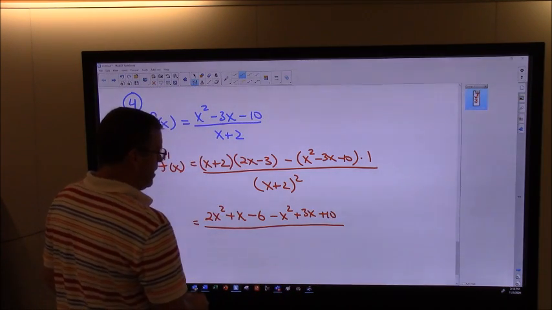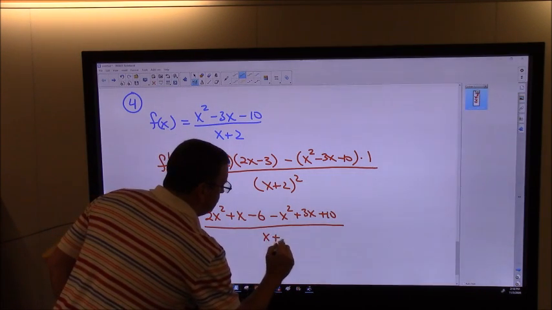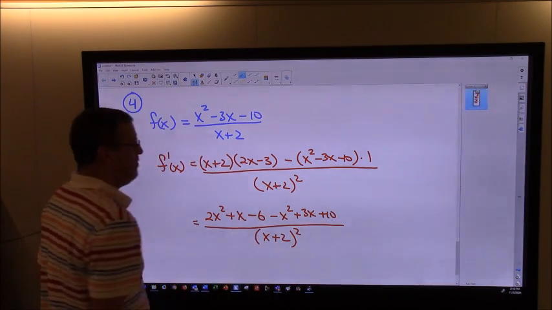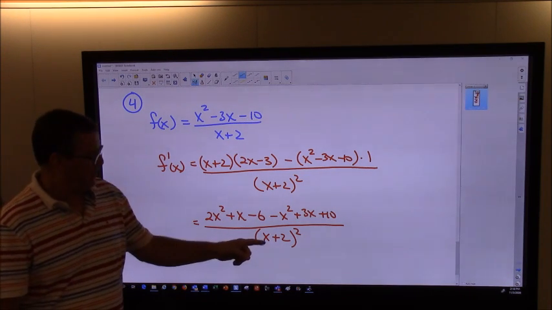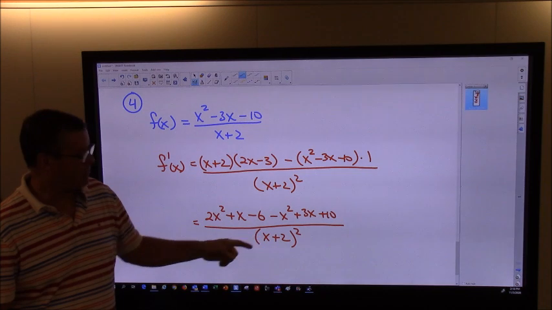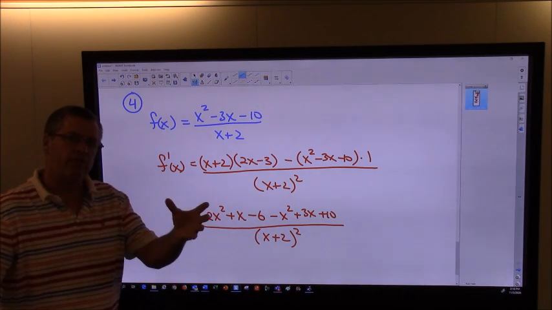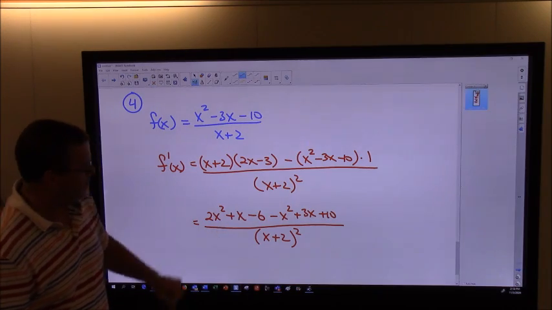And I'm not going to multiply this out just yet. As a matter of fact, when you're doing the quotient rule, usually people don't multiply this. And the reason is maybe something will cancel. If I multiply it out, I'm just going to have to turn right around and factor it again. So I'm going to leave it like that.